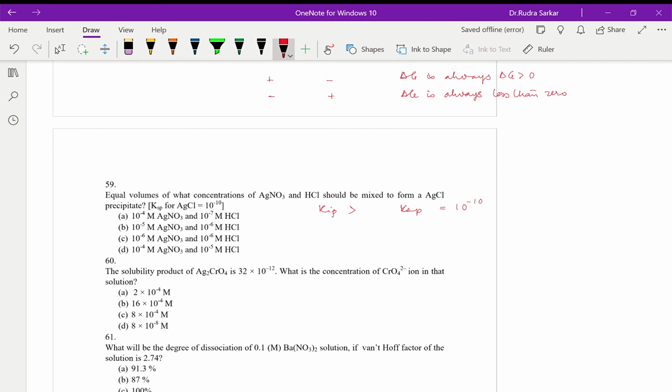So the first option, if you see, if you are mixing in A, we know Ksp is nothing but Ag plus concentration times Cl minus concentration. So for A, Kip is basically 10 to the power minus 11 by 2.